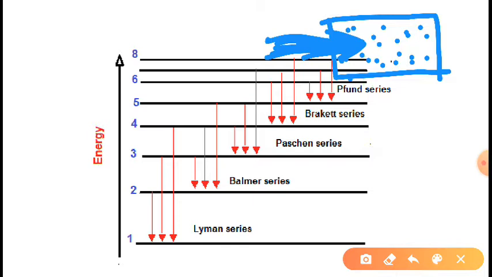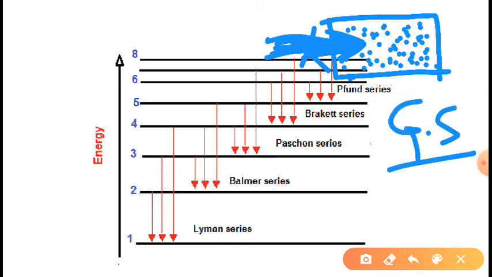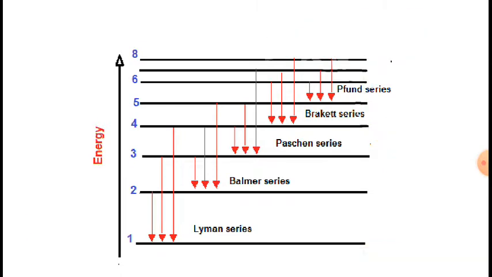Previously, when the source of energy was not there, the atoms of hydrogen present in this container were at the ground state, GS. Now after passing the energy, they have consumed the energy, and after consuming it they have reached the excited state. Okay, you have to remember this thing.